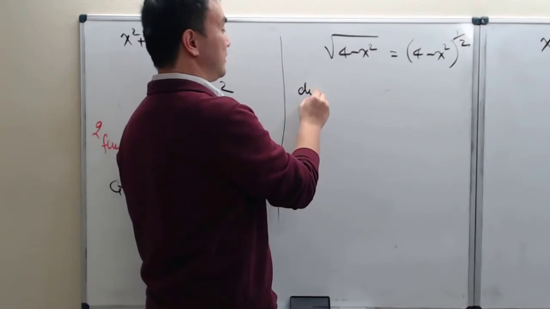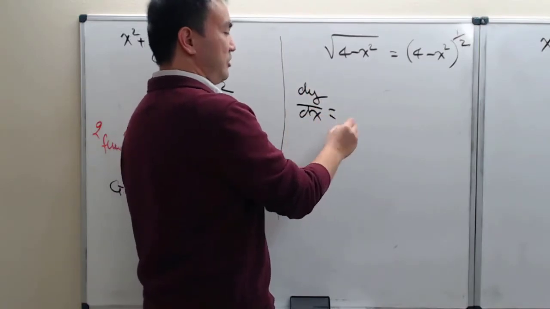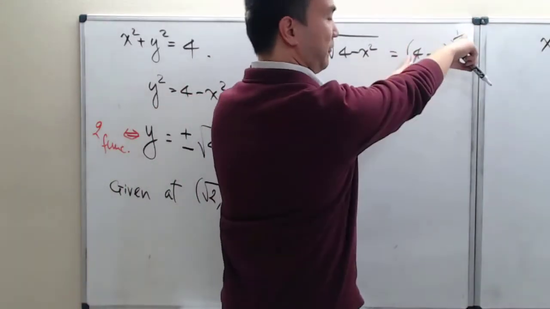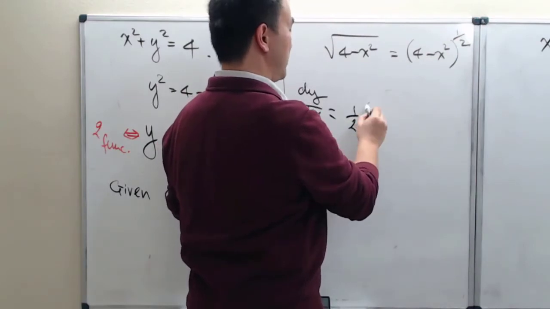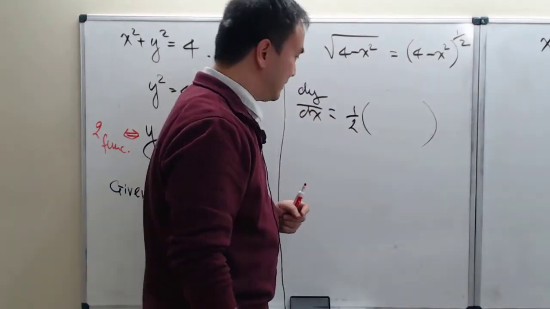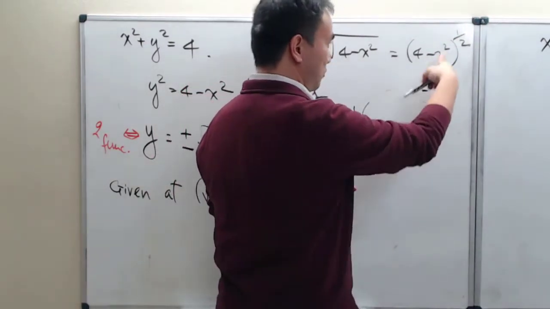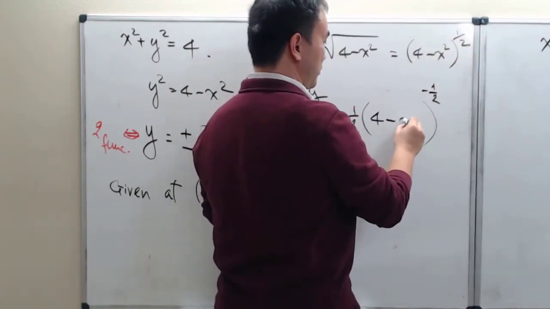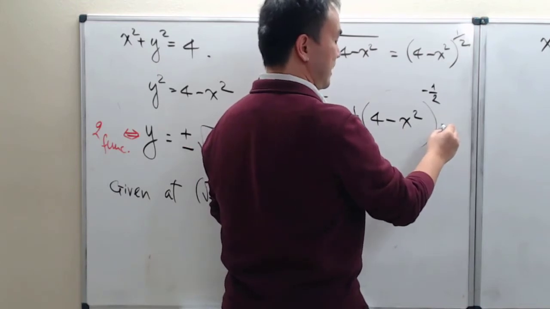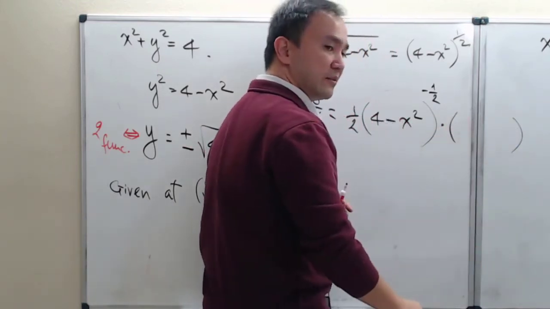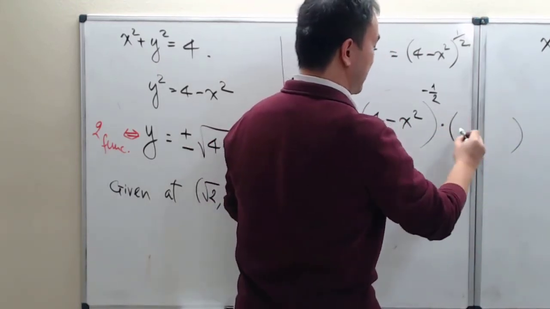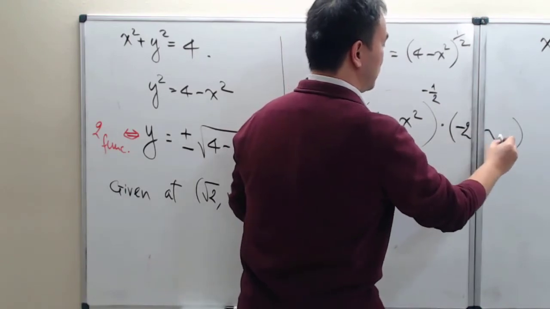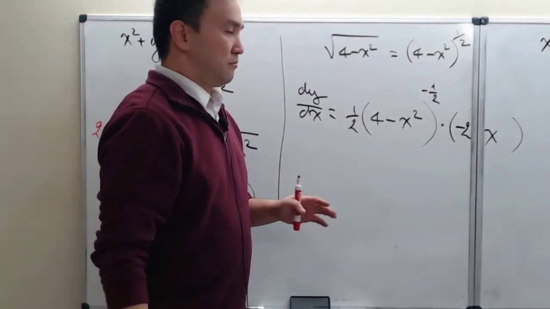And so now the derivative comes out being, chain rule says the outer function has a 1/2, so we multiply the 1/2 down, and then the power is reduced by 1, so 1/2 minus 1 is a negative 1/2. The inside remains the same, and now chain rule says we have to multiply by the derivative of the inside, which in this case is negative 2x.